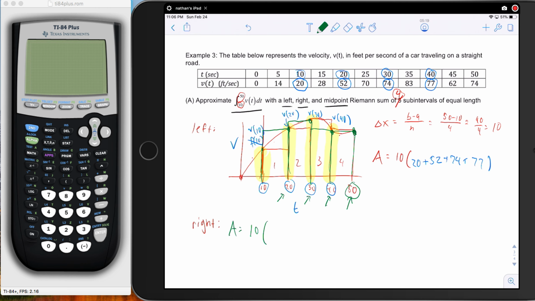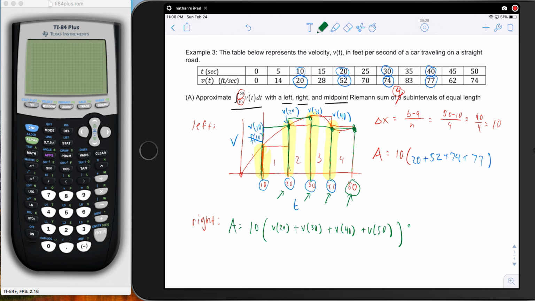So I'll just write v of 20 plus v of 30 plus v of 40 plus v of 50, which is equal to 10 times 52 plus 74 plus 77 plus 74 again, and that is the area for the right Riemann sum.